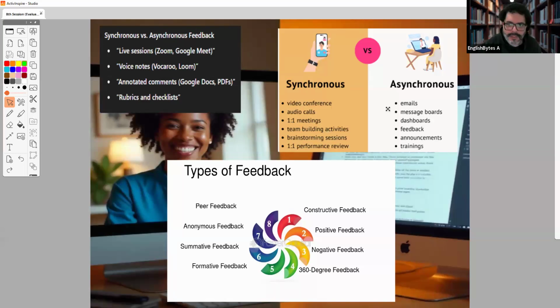Asynchronous feedback, well, emails, message boards, dashboards, direct feedback, announcements, trainings. That's another way. Why are trainings a way of feedback? Because, for example, let's say that you are the owner of an English academy, and you notice that your teachers are having problems with students who are extremely visual.